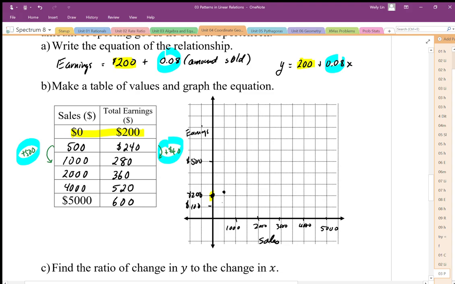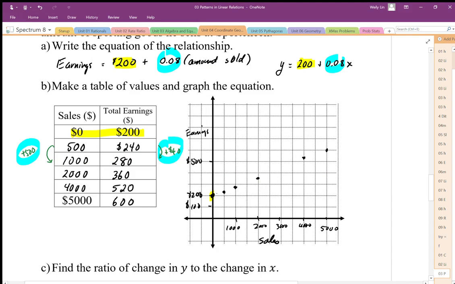If I go up by 1,000, we're going to go up by 80, so $280 right about there. $2,000 is going to be 360, so maybe about there. $4,000 is going to be 520, so maybe right about there. And 5,000 is going to be $600 there.